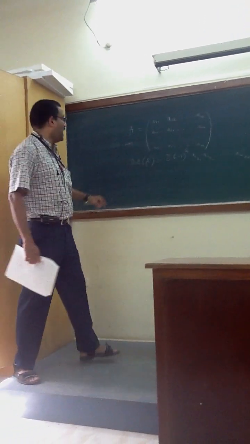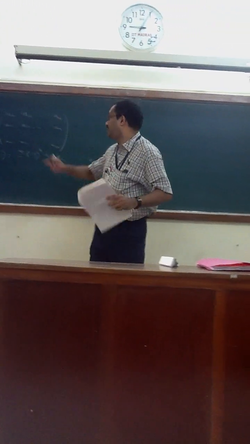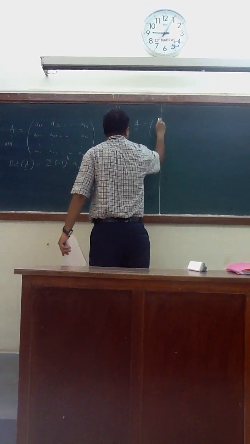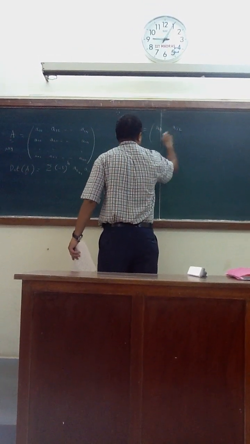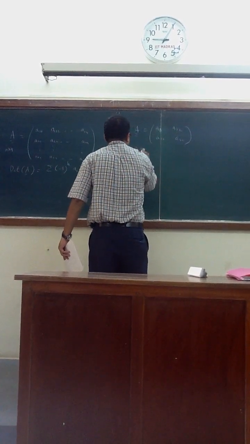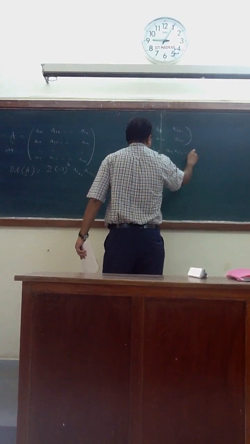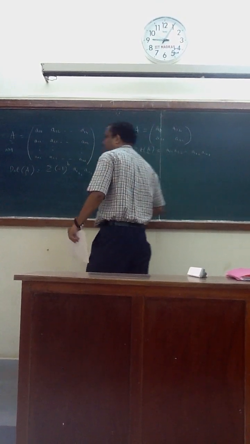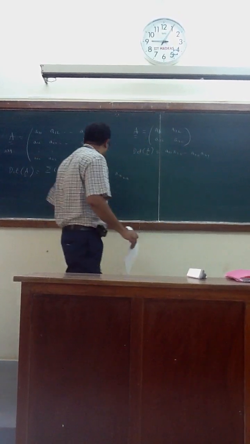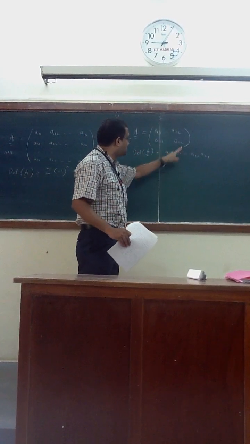If they are different, from each column I will be taking only one element, so I cannot take two. And it makes sense if you look at matrix A, A11, A12, A21, A22. The determinant of A is very simple, we have seen earlier: A11 A22 minus A12 A21. In this product, the first column has one element, the second column has one element.